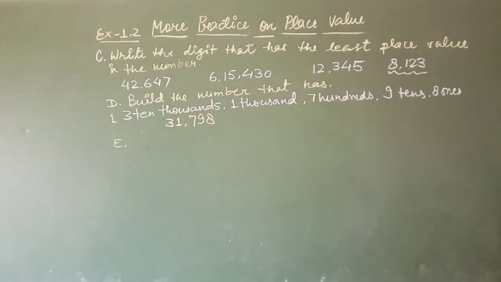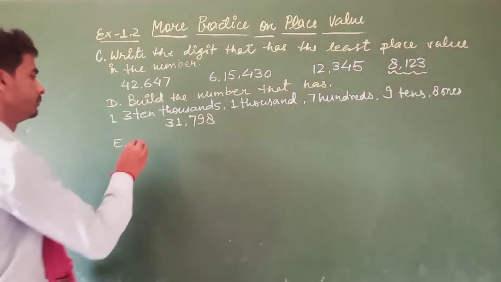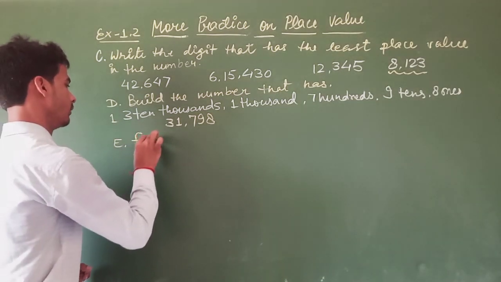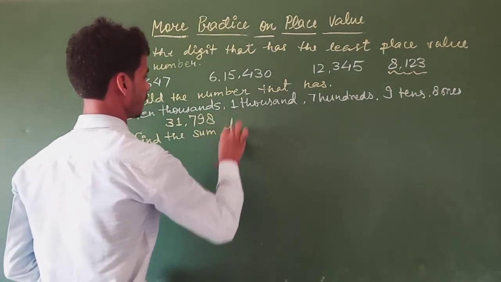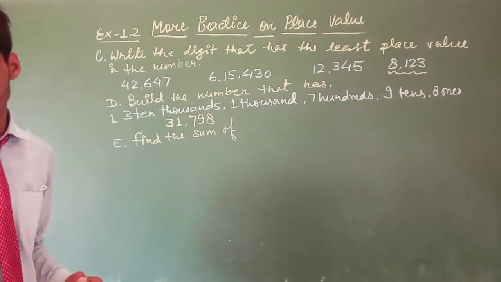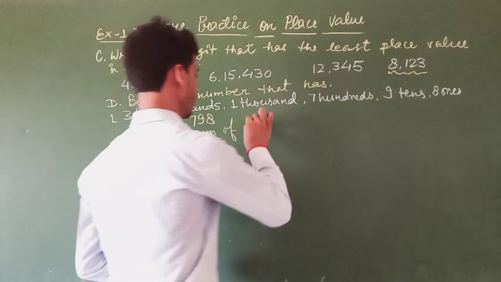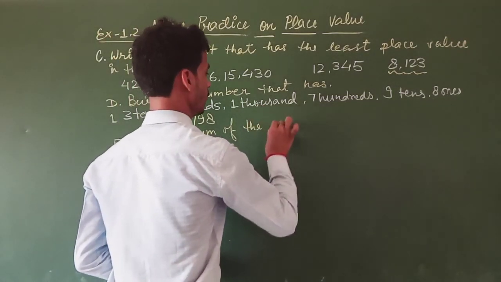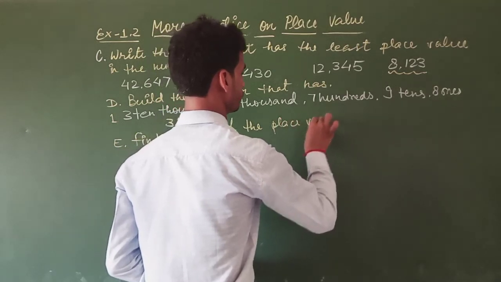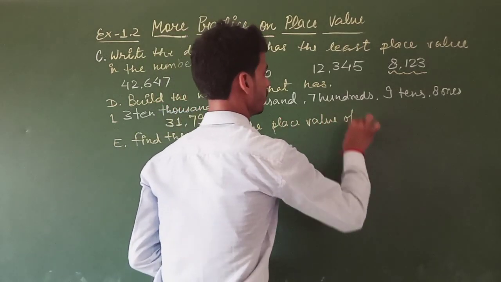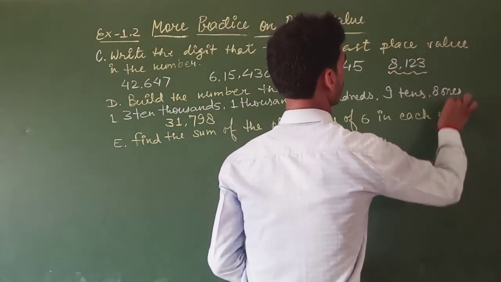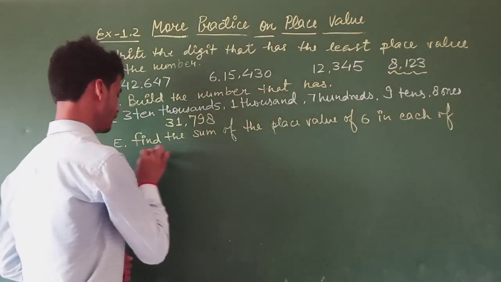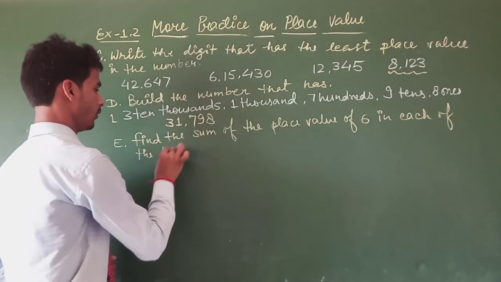Come on, question number E: find the sum of the place value of 6 in each of the following.